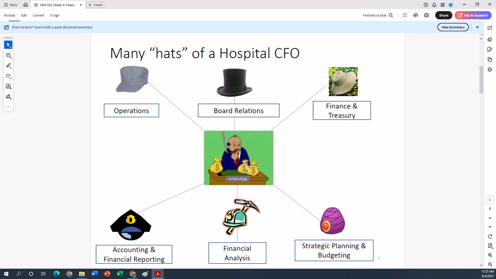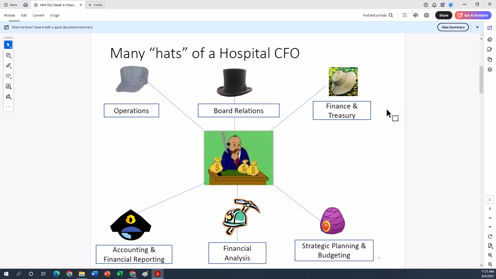The areas of responsibility of the hospital CFO pretty much cover the areas of responsibility of the finance department. So operations, kind of the trains running on time. Board of directors relationships, you've got your top hat.